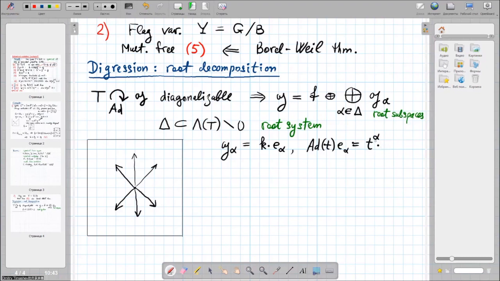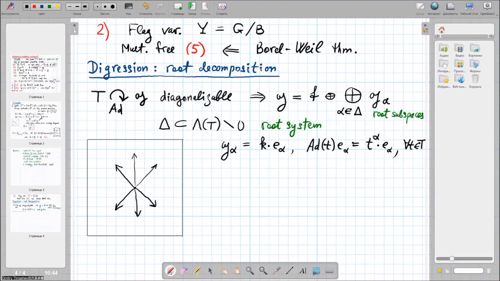I use the exponential notation for the values of characters on elements of my torus, in view of the additive notation for characters. So when you multiply the characters, these exponentials add to one another. This is the formula saying that E alpha is indeed an eigenvector.